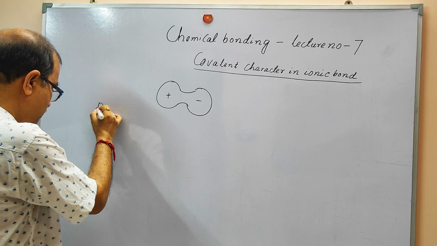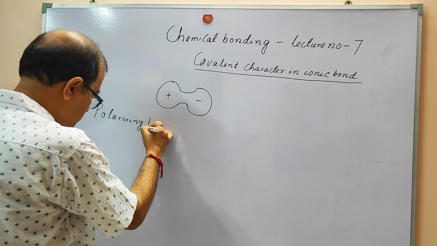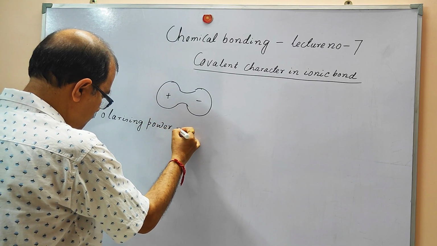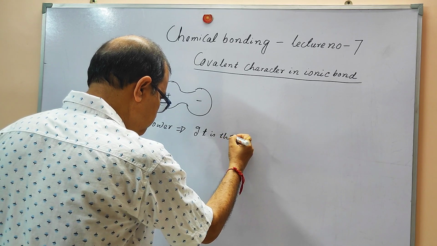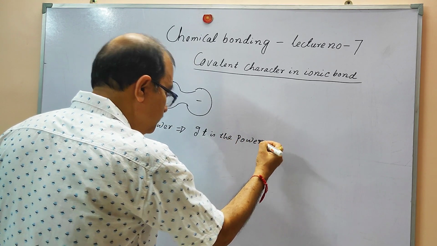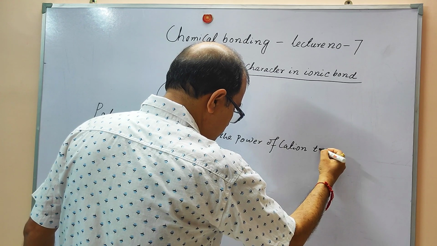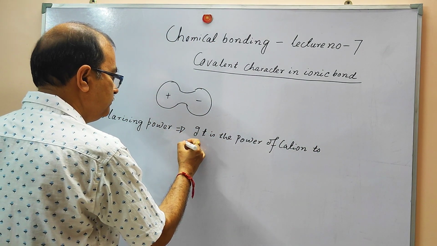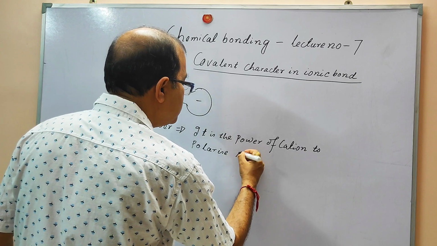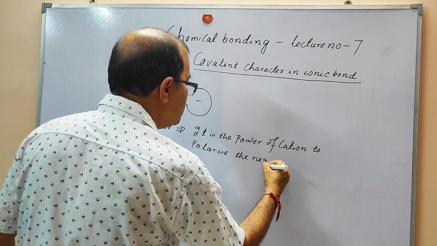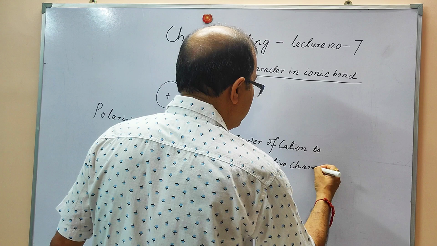So we can write a very important definition: polarizing power is the power of the cation to distort, to polarize, the negative electron cloud, the negative charge of the anion.